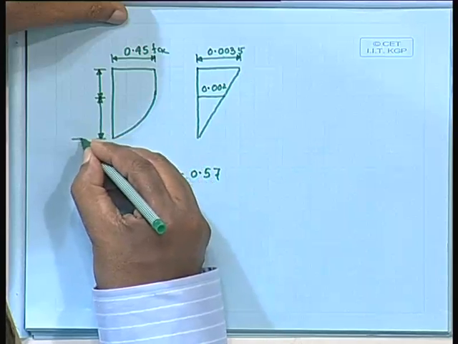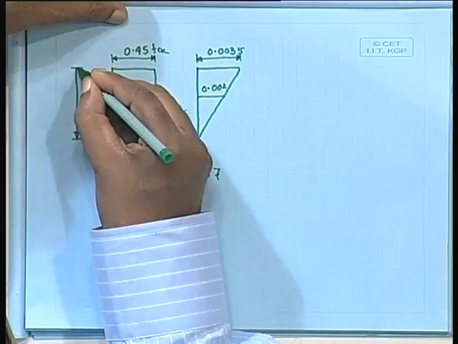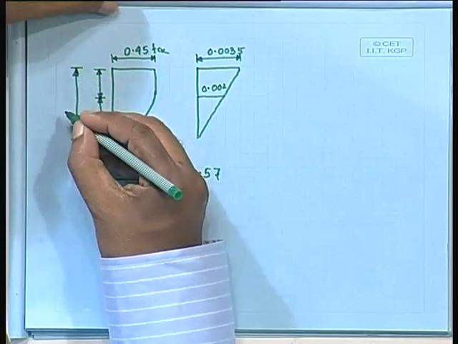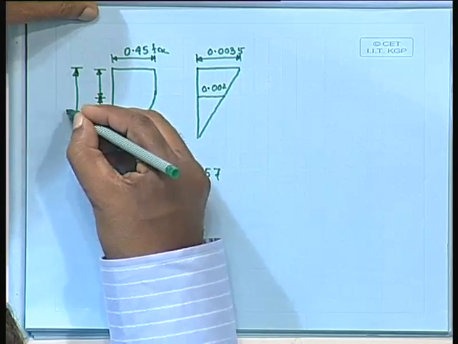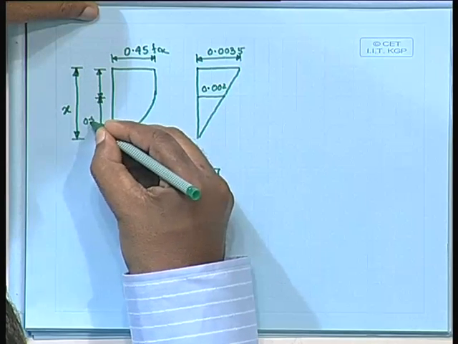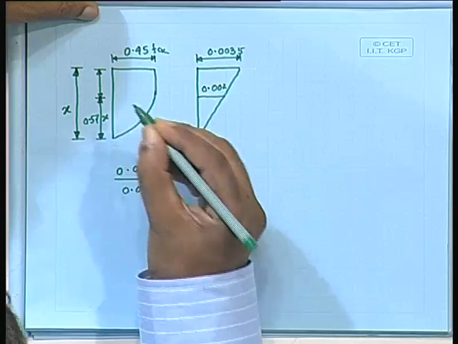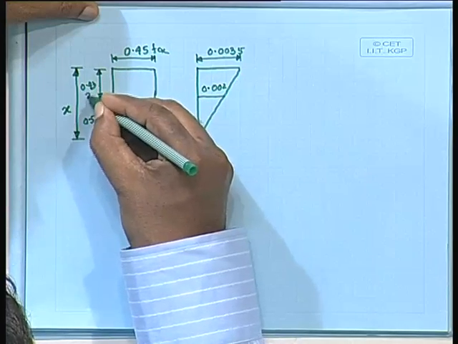If we take the depth of the neutral axis from the maximum compressive stress side as x, this is 0.57 x, and this one is 0.43 x.